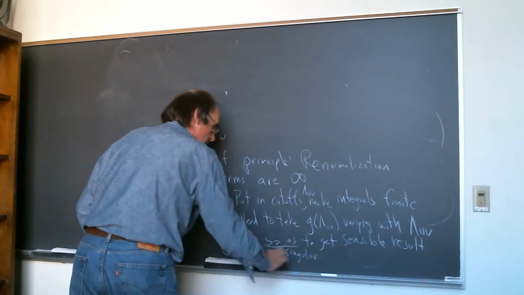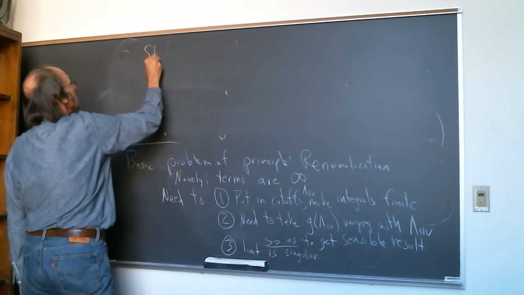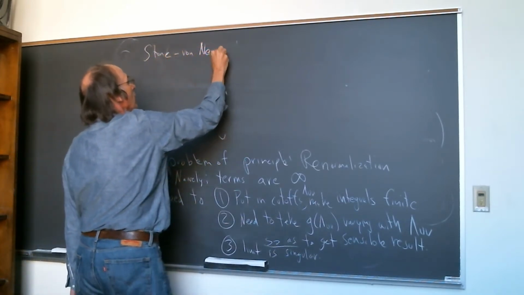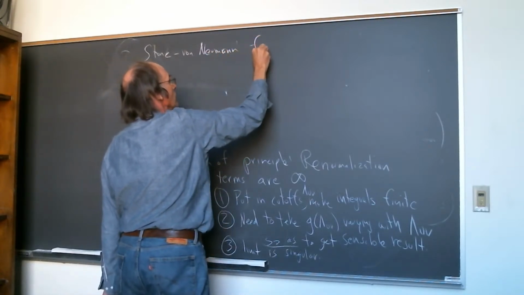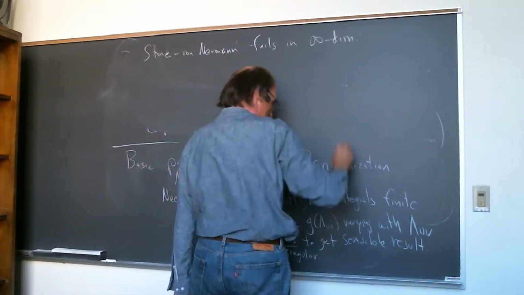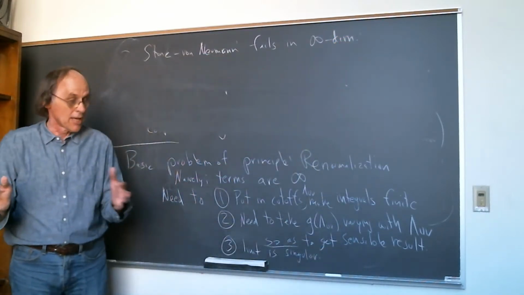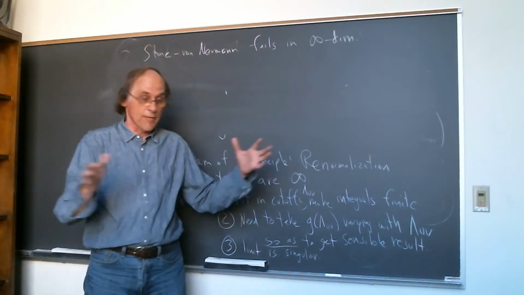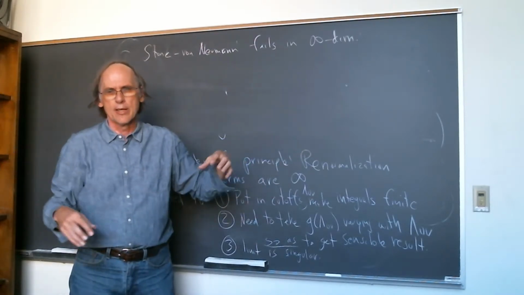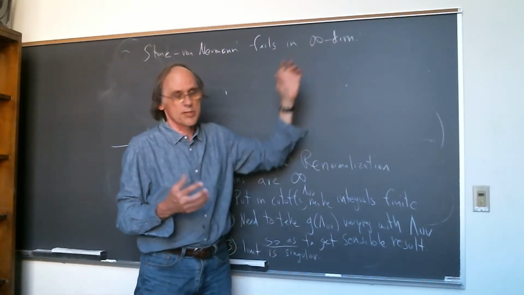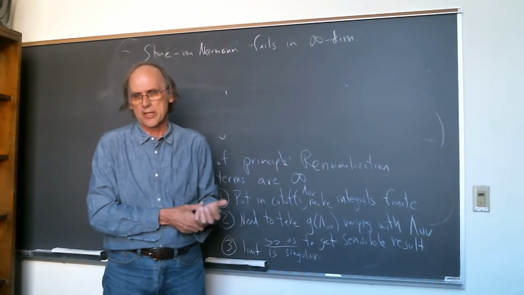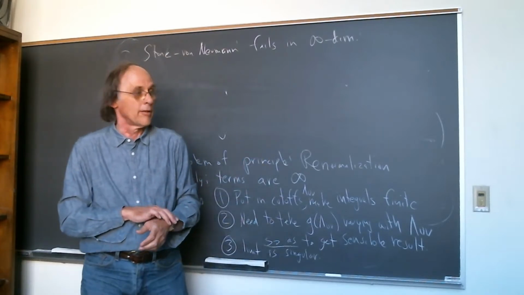Well, what happens is that Stone-von Neumann fails in infinite dimension. If your phase space is infinite dimensional, it turns out that in this limit you can get all sorts of different unitarily inequivalent representations of the Heisenberg commutation relations, or of the Heisenberg group.